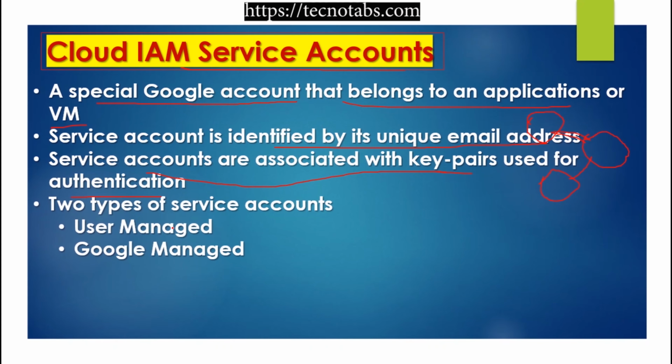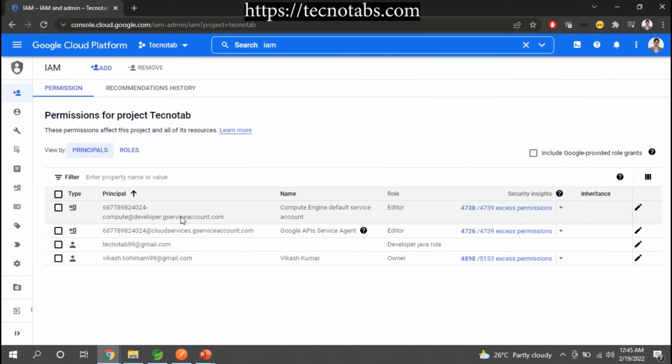And there are two types of service accounts. One is user managed, and the other is Google managed. When you are creating any resource on GCP, a service account will be created automatically by Google, and that will be called the Google managed service account. As in the last demo I showed you, these two I did not generate.